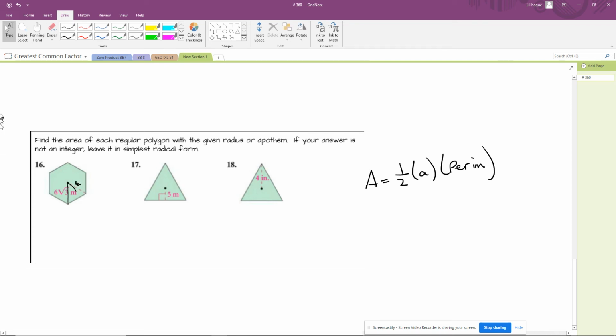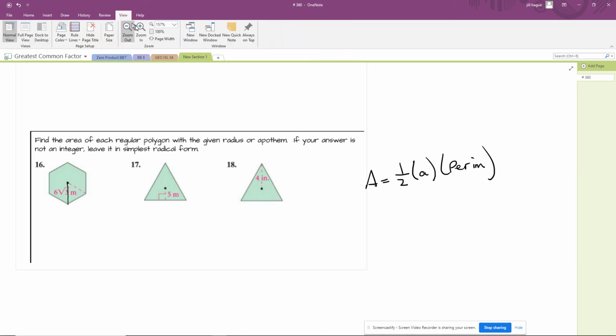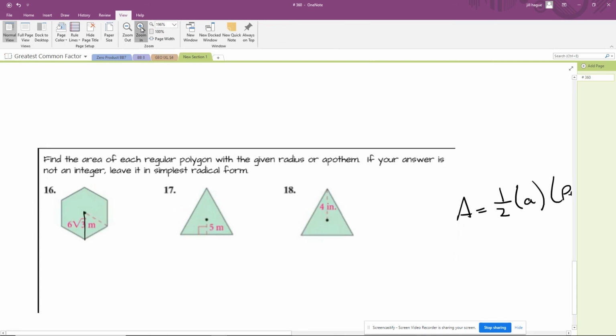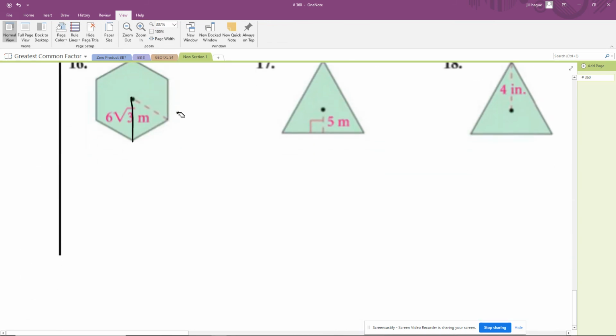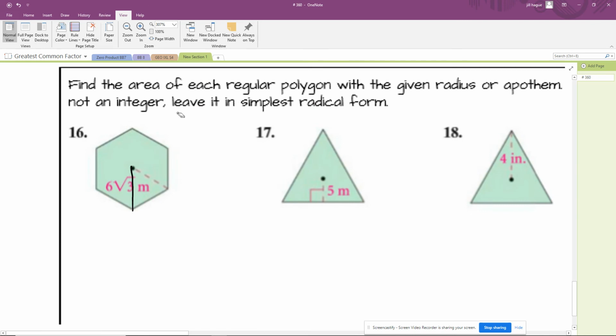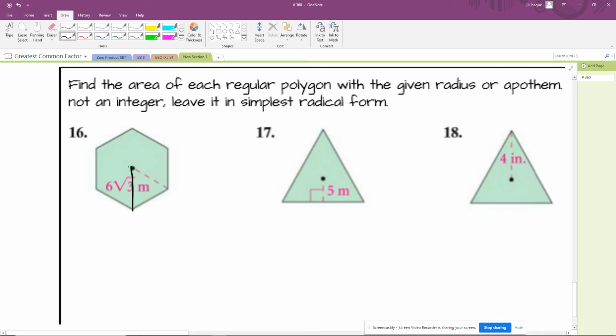Let me erase that, I don't want to confuse you. So if I drop an apothem down, let's zoom in here a little bit. If I drop an apothem down from right here, I want to know what this is right here. So I know this is a 30, 60, 90 triangle, okay?